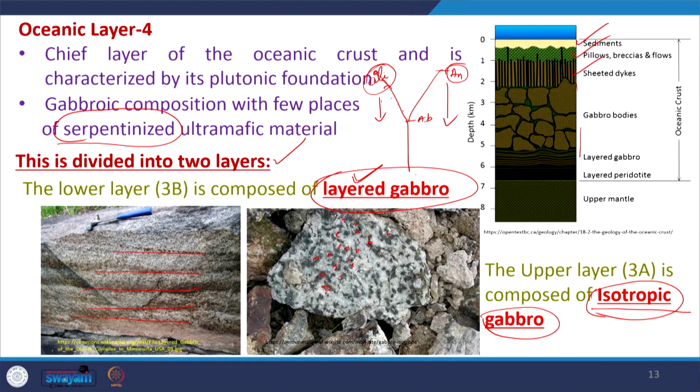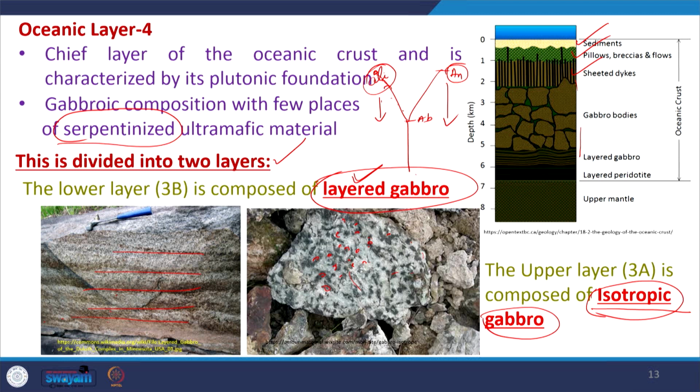At that time, the magma's viscosity would have increased because we have removed the mafic part, reduced the temperature, and the magma has become more felsic. That is why it becomes more viscous compared to the initial composition. So the mafics crystallizing then try to settle down, but due to the high viscosity of the medium, they are not able to.